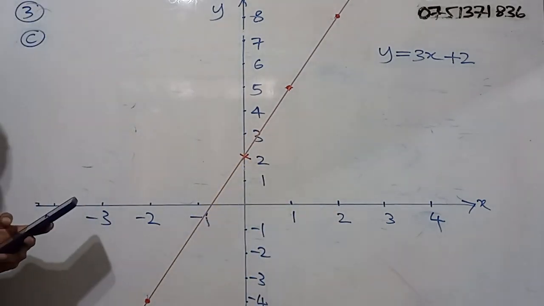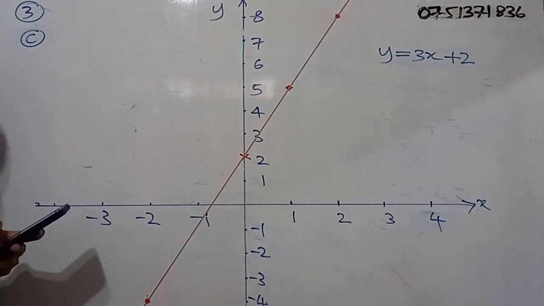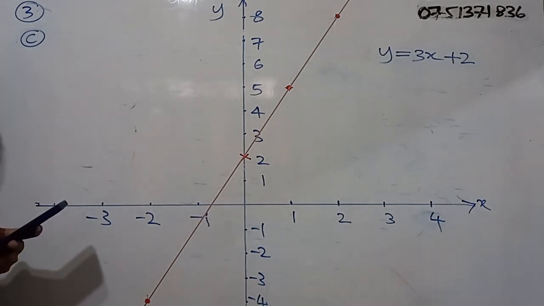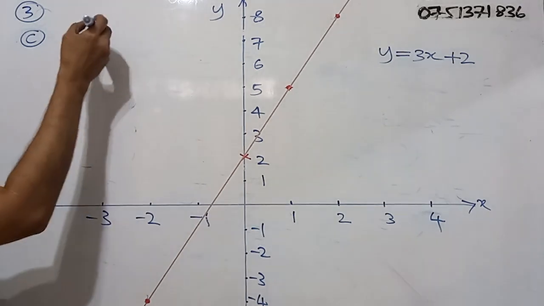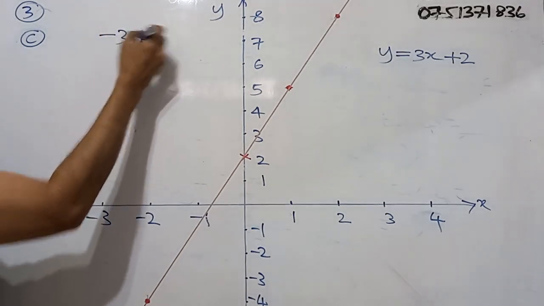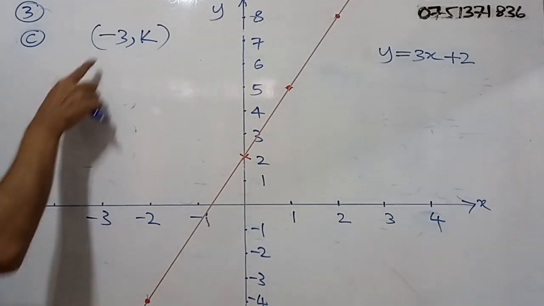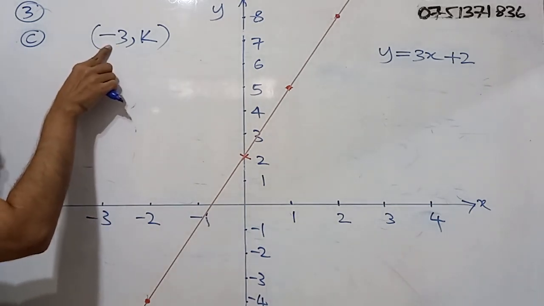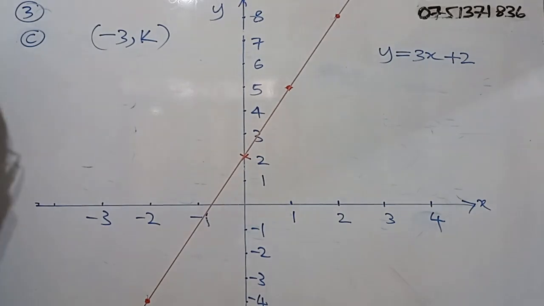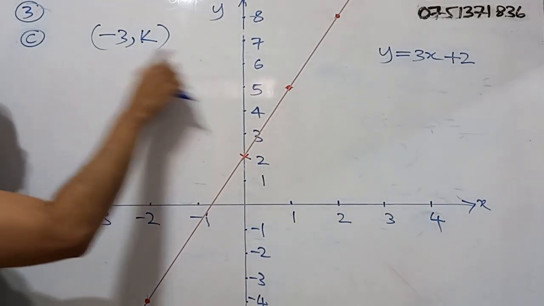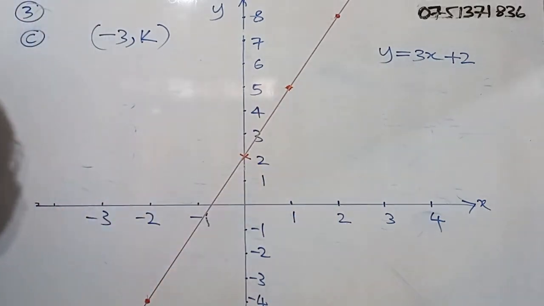Sub-question C. If the point negative 3 comma k, those are the coordinates of that point, is located on the above line, find the value of k. We can see negative 3 comma k, where k is the y coordinate and negative 3 is the x coordinate. We know the equation of the line, so we can substitute the value for x and come up with the y value.